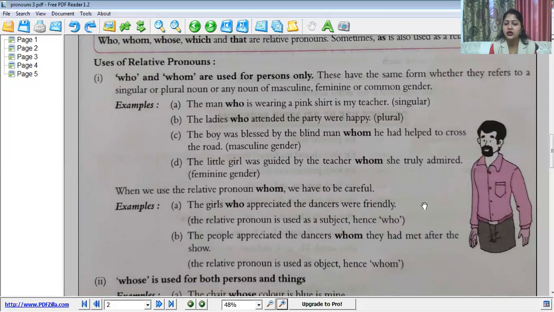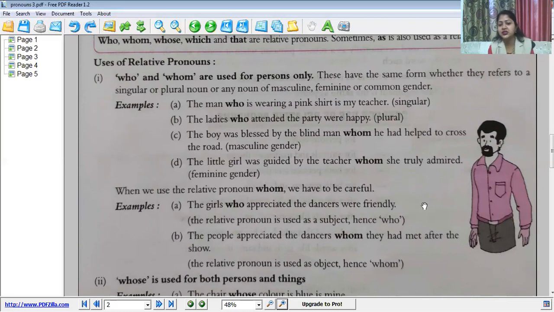And now, the relative pronoun is used for the object. What is a subject and object? Subject is what we are talking about. Object is where the action of the subject falls. The people appreciated the dancers whom they had met after the show.